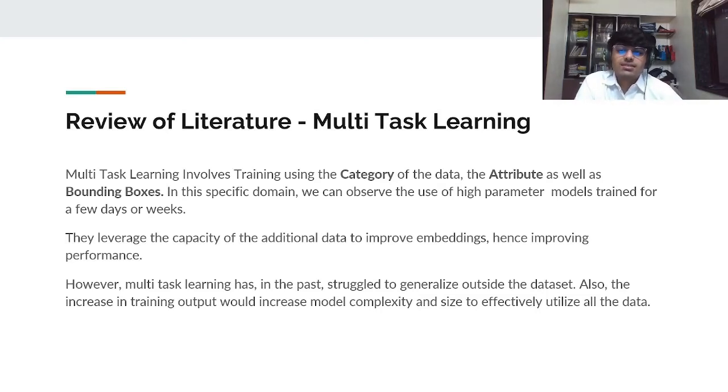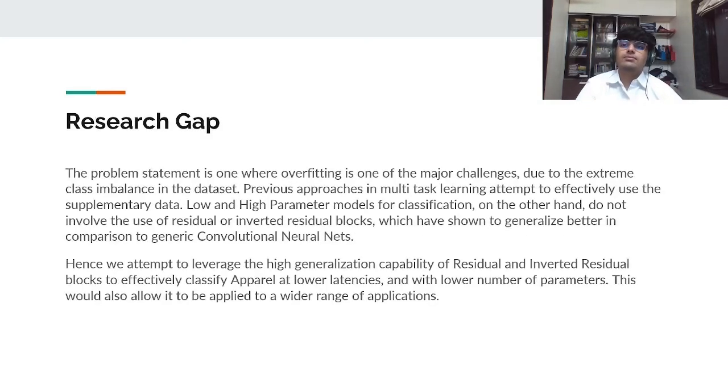However, multitask learning has in the past struggled to generalize outside of the data set and transfer to other data. This also has the added issue of increasing model complexity in order to accommodate all of the data.